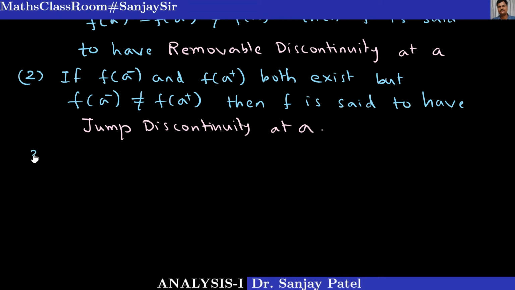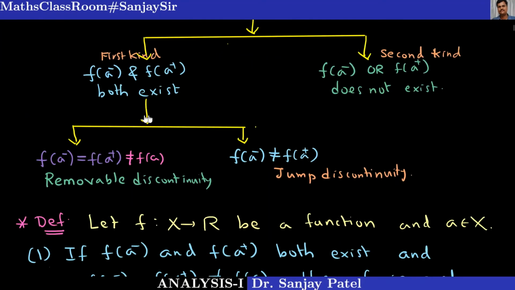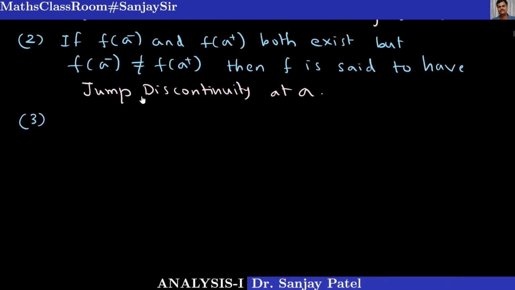The third definition I want to write here is, if either this one or two holds, then the function is said to have discontinuity of the first kind. It follows from this: if either removable discontinuity or jump discontinuity is there for a function, then that discontinuity is said to be of the first kind.